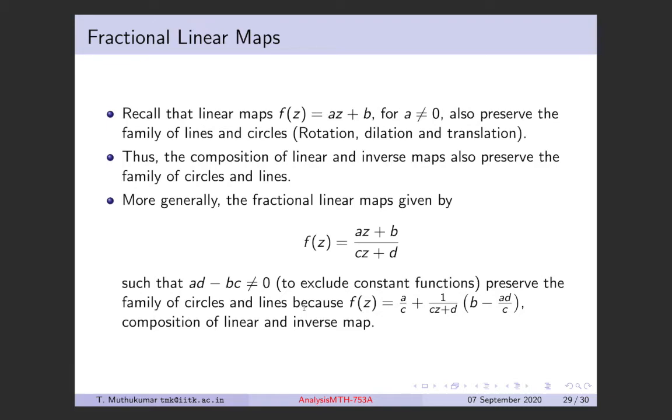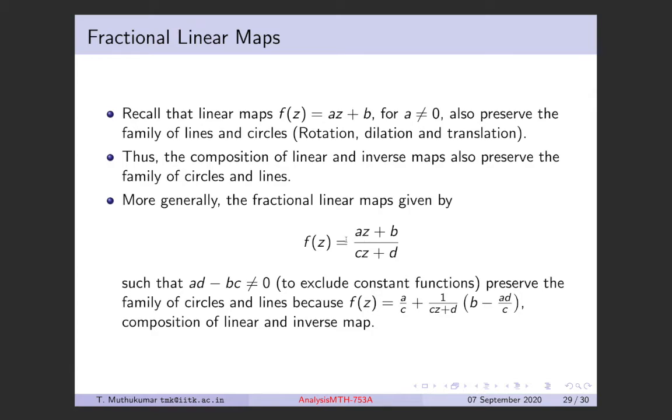The other way of looking at this, since we have already done the proof for 1 over z, is that this fractional linear map is actually a composition of a linear map and the inverse map. For instance, in this function, if you add and subtract ad over c in the numerator, then b minus ad over c comes out. So there is az plus ad over c. You multiply and divide by c here, so you get acz by c.